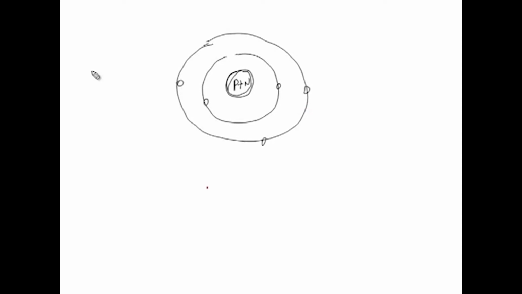Now, the atomic weight of an atom, that is, the atomic mass, is given by two things, the number of neutrons and the number of protons. Z is the atomic number. So, the number of protons means the atomic number, and it is a characteristic value of a particular atom.